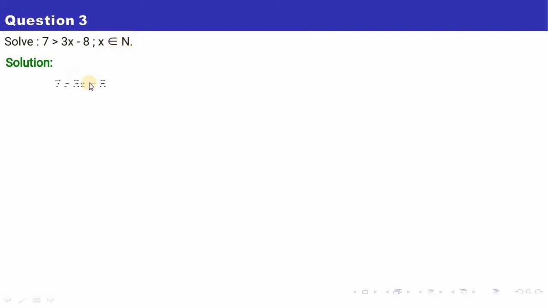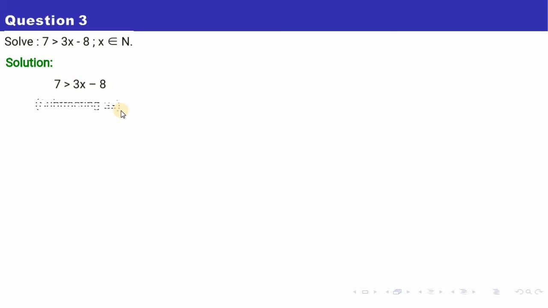Here given is 7 is greater than 3x minus 8. Now we want this 3x on the left hand side, and we should not have this 3x on the right hand side. So basically I want to remove this 3x from the right hand side. In order to remove this, I need to subtract 3x.